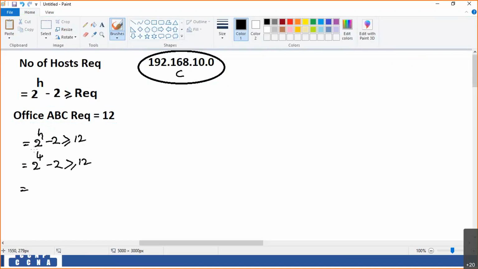So 2 power 4 is 16, minus 2 is 14 usable IPs. 14 valid usable host IP addresses per subnet. The requirement is 12 IP addresses. So can we get exactly 12 IP addresses? No, the possibility is 14. So from 14 you can use 12 IP addresses. 2 more extra, no problem.